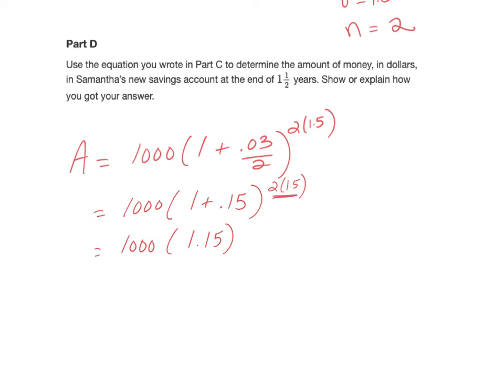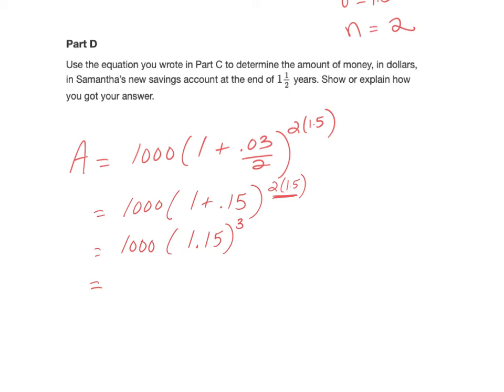Now that we've simplified the parentheses, I need to do the exponents. Well, I have to multiply those exponents first before I can raise 1.015 to that power. So 2 times 1.5 is 3. Okay. So then that means I need to do 1.015 to the third power.